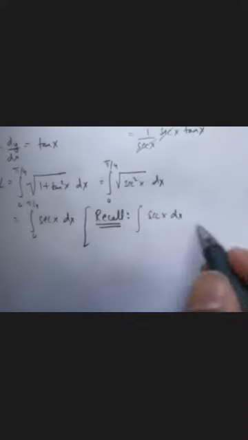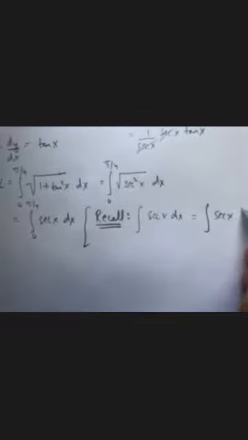So here, this is how we used to do it. We multiply and divide by secant x plus tan x. Then make a u substitution.